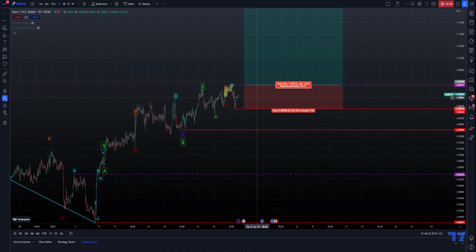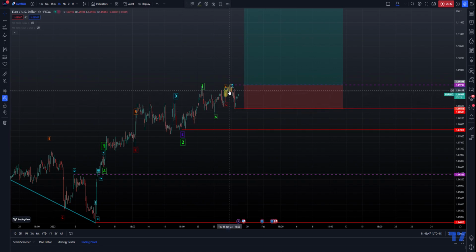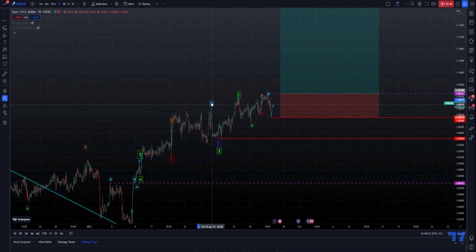But just remember that's only for wave 3, so it could go higher. But just to be on the safe side, target the previous high, and it's still a decent return if this trade works out. I think that having identified that really strange D wave there potentially helped with understanding this pattern a bit more.